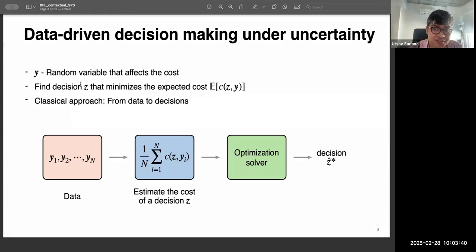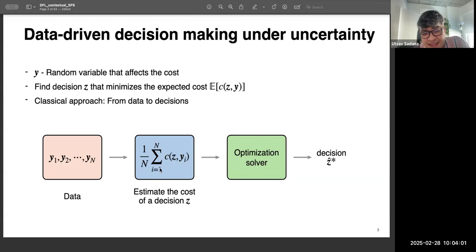However, the true distribution is not known. What you have are data points, y1, y2, up to yn. Based on these data points, you construct an estimate of your cost for any decision z. And this estimate is basically the empirical average of your cost.